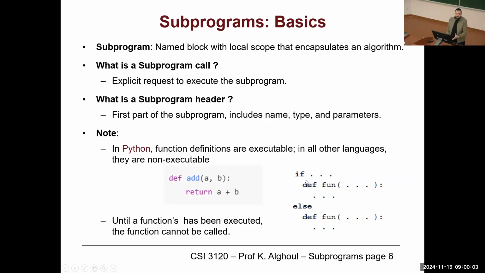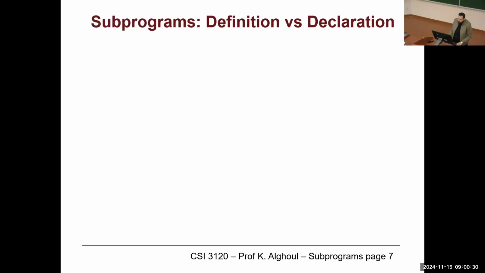In different languages, you define your function first, so even if this function is inside an if, it's known to the compiler that there is a function, even if you didn't enter the if. But in this case, for Python, because I'm defining it inside the if condition, the compiler will not even notice that it exists until we arrive at this if condition. This is something just in Python.